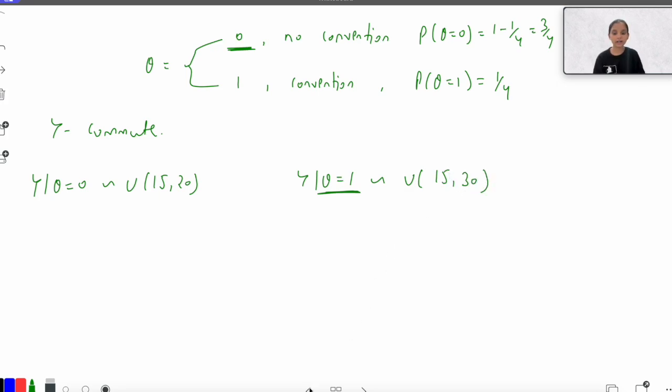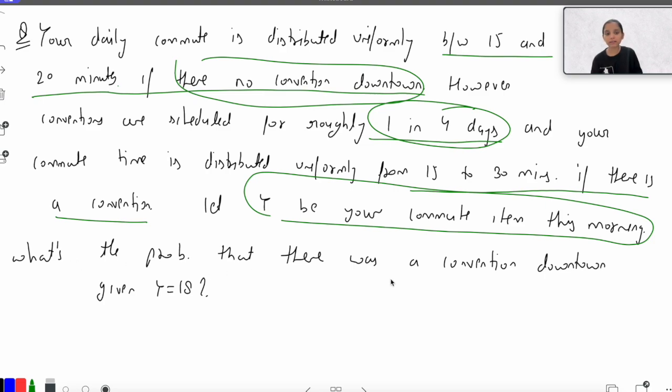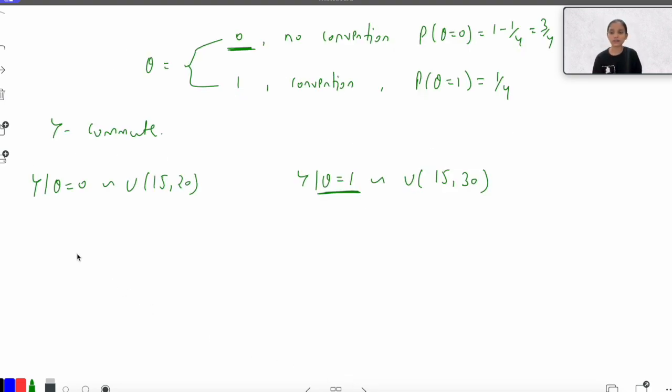Now we are asked what's the probability that there was a convention downtown given Y is equal to 18. That means we need to find the probability theta equal to 1 given Y is equal to 18.